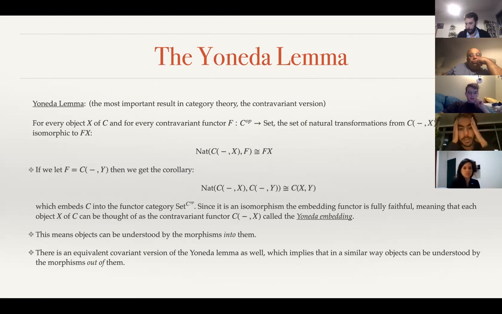Since this up here, okay, so if we go back to this second line, since it's an isomorphism between the natural transformations between the two objects and the arrows between those two objects themselves, this embedding is the embedding of the category itself into this category of presheaves, right?